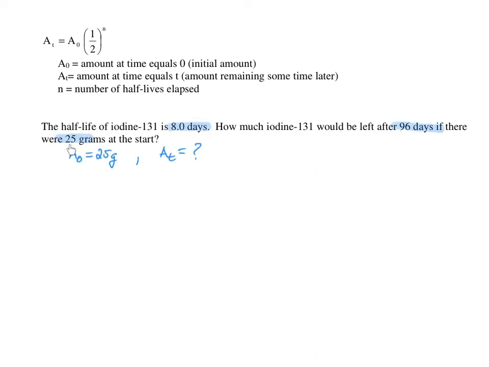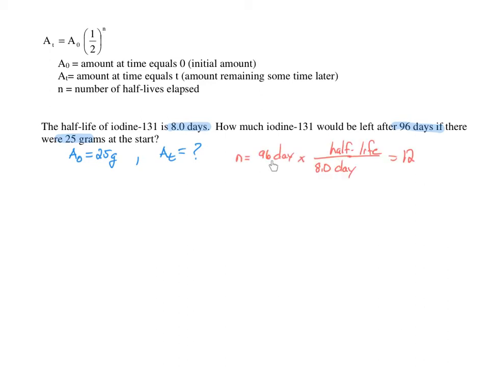In this problem, we've been given our initial amount, A0, the amount at time equal to 0, as 25 grams. We're asked to determine what A of t is, how much is left after some amount of time has gone by. To answer this question, we're going to apply our equation here, but we need to know how many half-lives have elapsed.